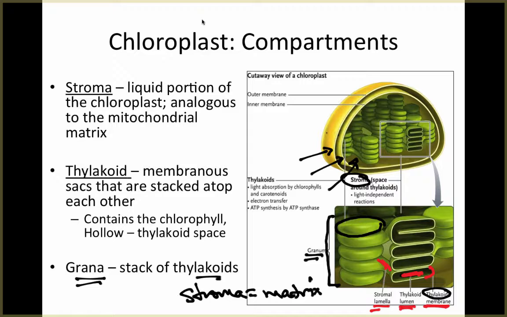So this is going to allow different things to happen. For instance, when we start talking about the light-dependent reaction, that's going to happen in this area because that's where the enzymes are going to be basically stacked together. And when we start talking about the Calvin cycle or the light-independent reactions, that's going to be basically happening in the stroma area.